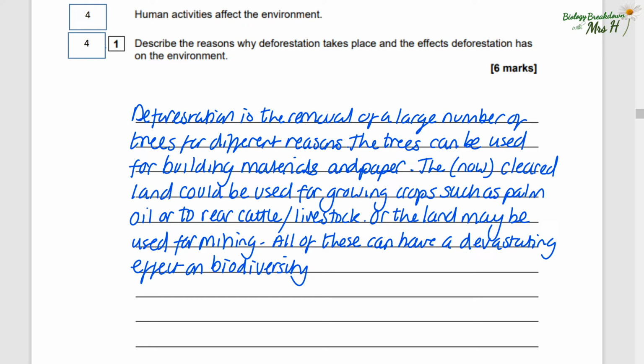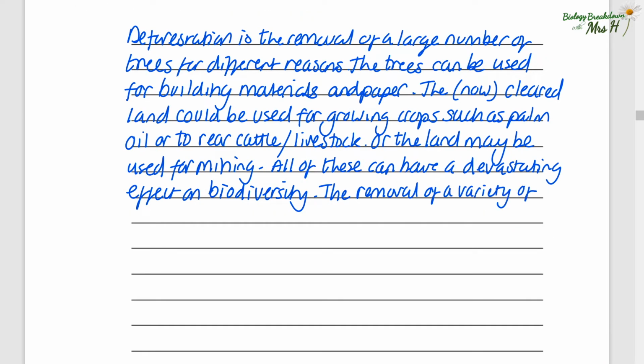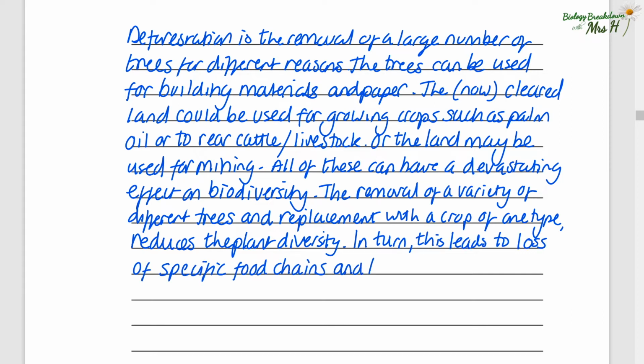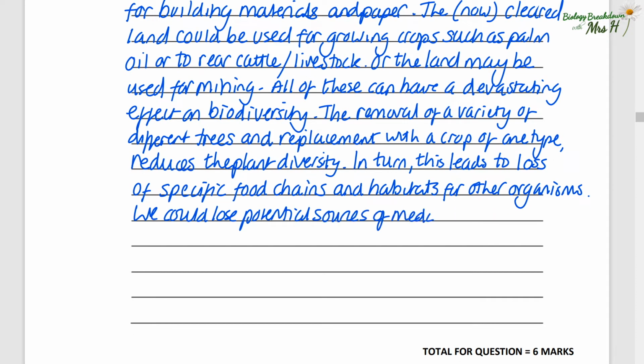So what does that mean? The removal of a variety of different trees and replacement with a crop of one type reduces the plant diversity that was there, and in turn this will lead to a loss of specific food chains and habitats for other organisms. We could also lose potential sources of medicines.